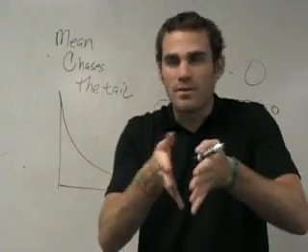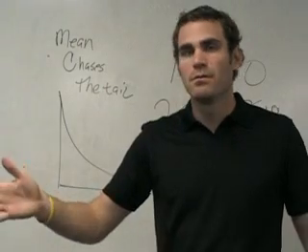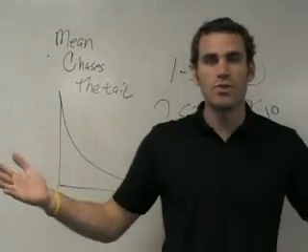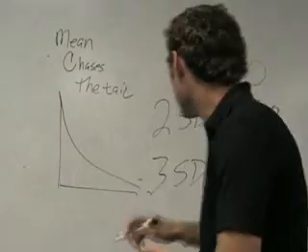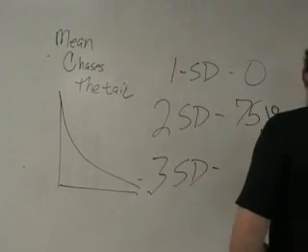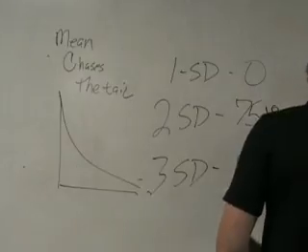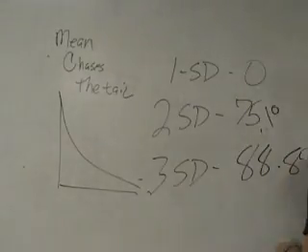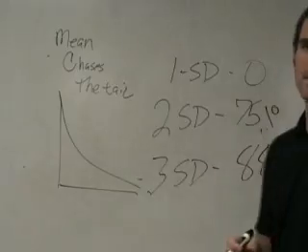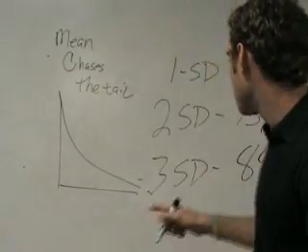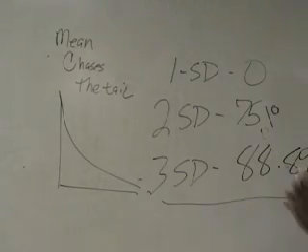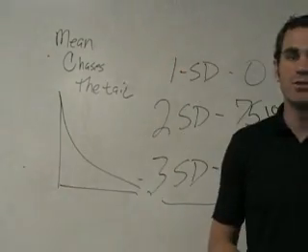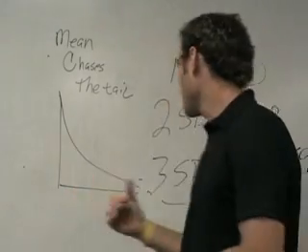So no matter what curve you draw, if you give me two standard deviations, I can get you at least 75% of the data. And 3 standard deviations is 88.8. Your book has 88.89. So it takes it one step farther. 88.89% within 3 standard deviations, no matter what curve or distribution you give me. Chebyshev's rule. Okay?